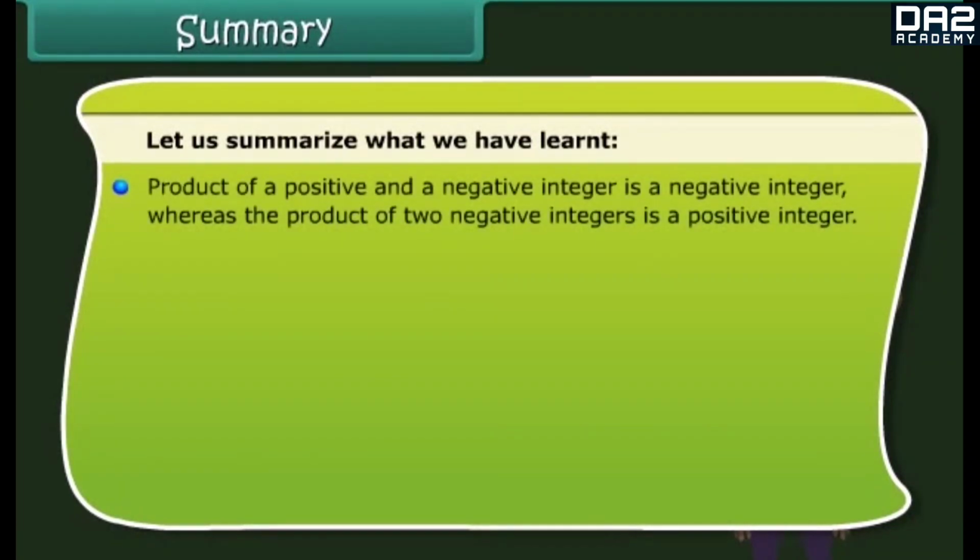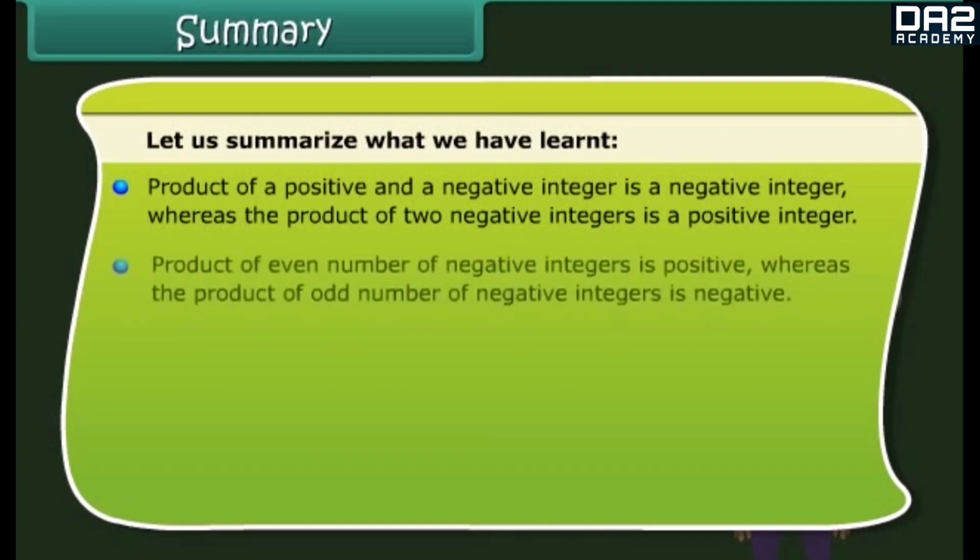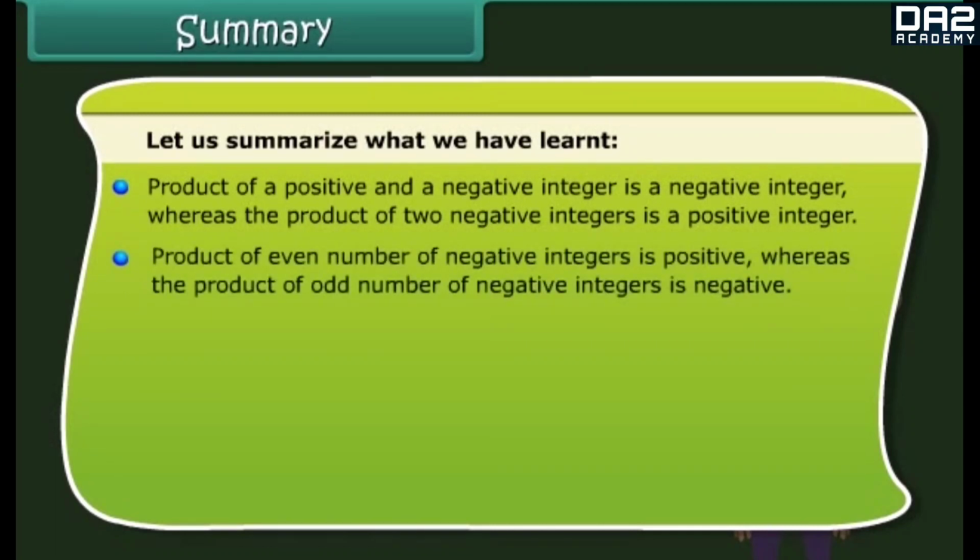Product of a positive and a negative integer is a negative integer, whereas the product of two negative integers is a positive integer. Product of even number of negative integers is positive, whereas the product of odd number of negative integers is negative. If a and b are any integers, then a into b is an integer.